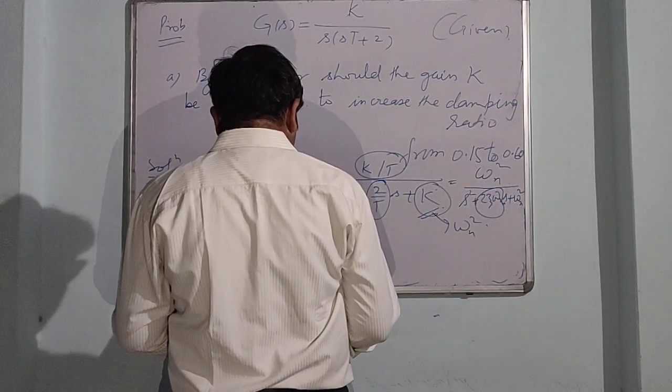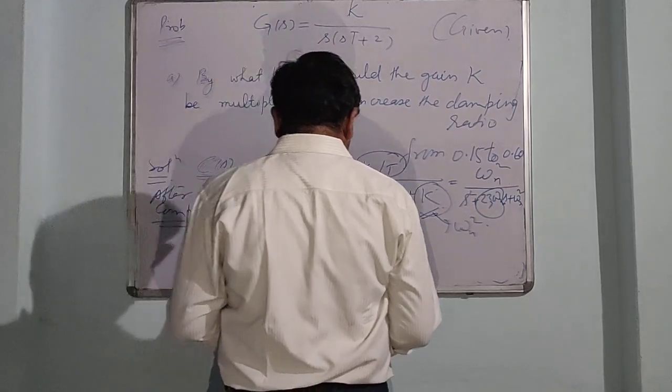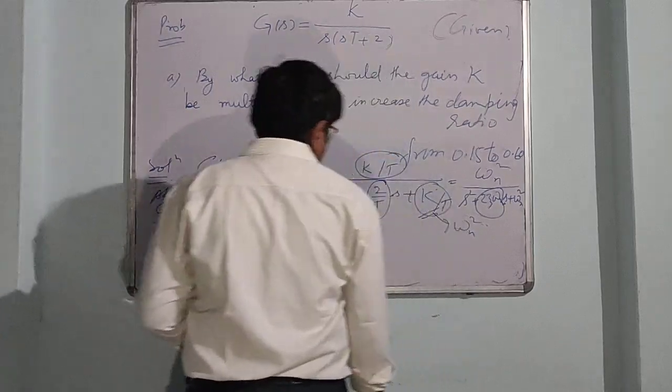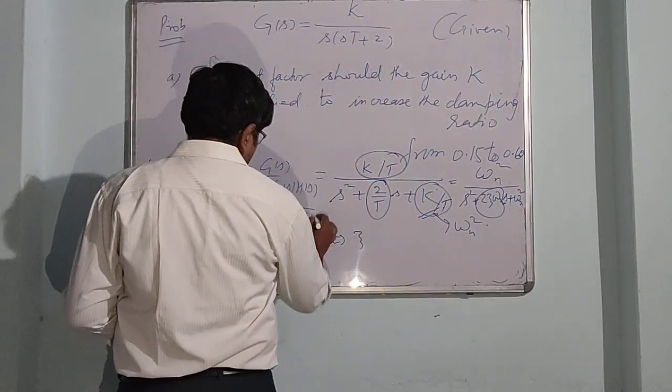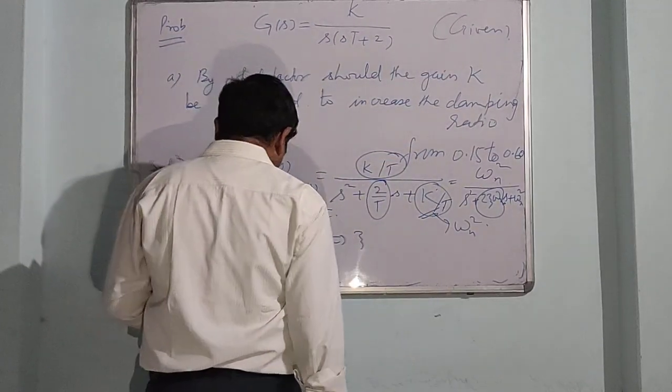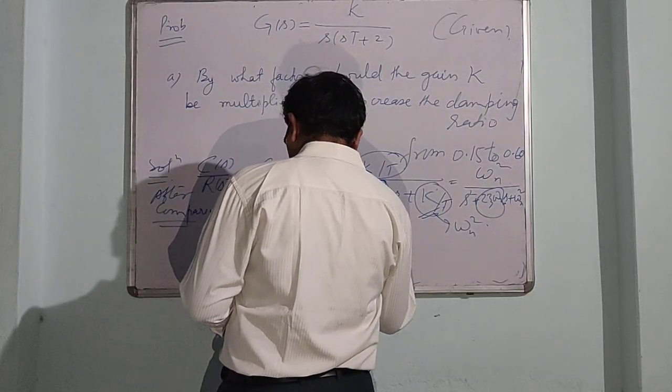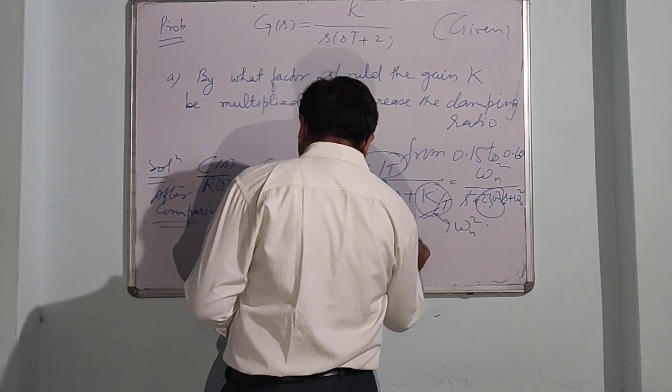Check. And zeta equals 1 upon under root KT.